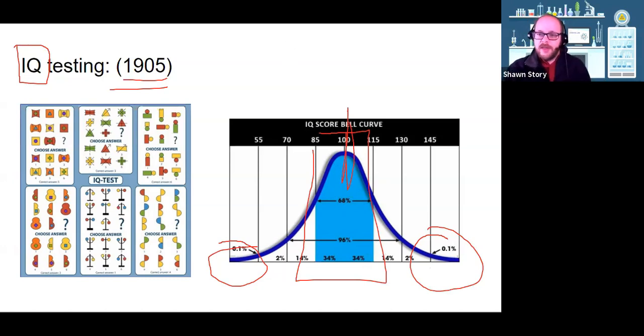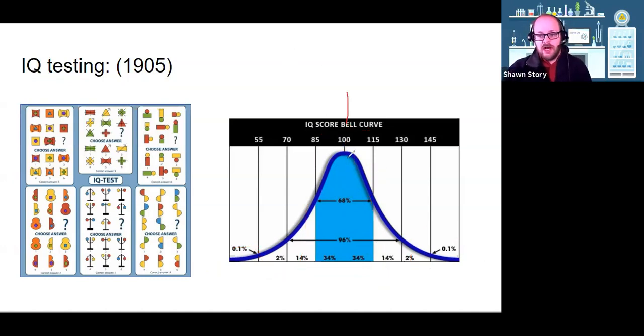The thing with this, though, is that the IQ test has changed over time, but the number system has not. So as society develops, it still keeps 100 as its average, right? So the average person's intellect today should be a 100.